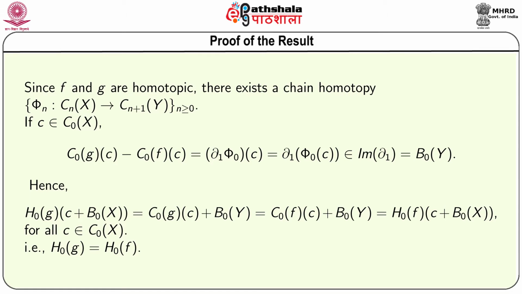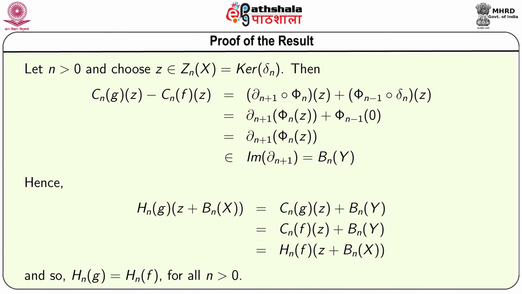Now, if we take c from C_0(X), then C_0 g minus C_0 f operated on c will give us del_1 phi_0 operating on c, and that is definitely a member of the image of del_1, which is equal to B_0(Y). Hence, H_0 g of c plus B_0(X) is equal to C_0 g c plus B_0(Y), and that is equal to C_0 f c plus B_0(Y), which is equal to H_0 f operating on c plus B_0(X) for any c belonging to C_0(X). Therefore, H_0 g is equal to H_0 f.